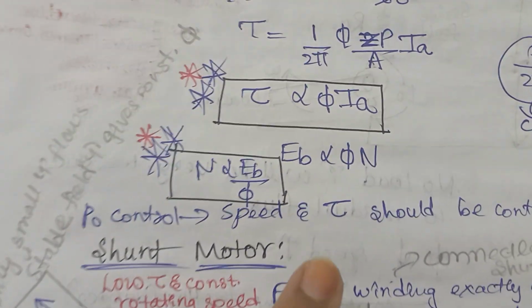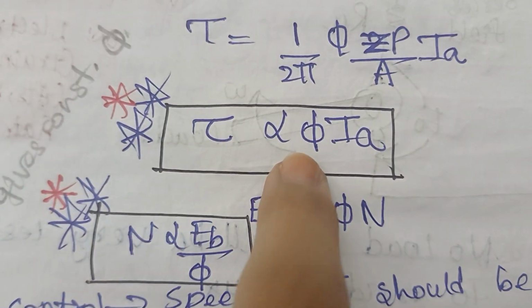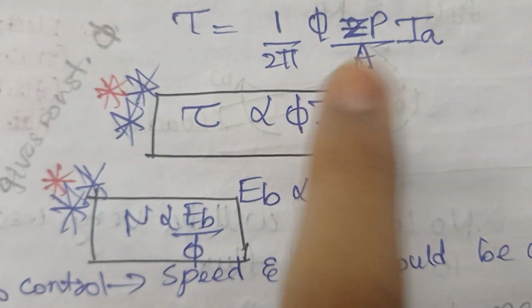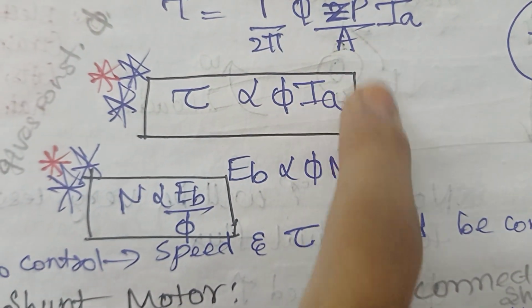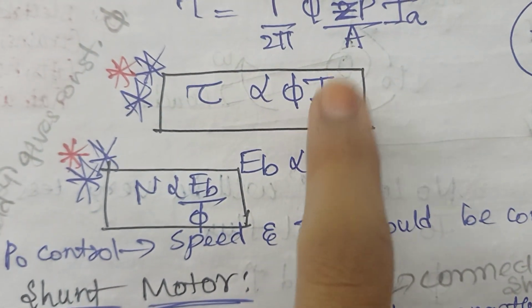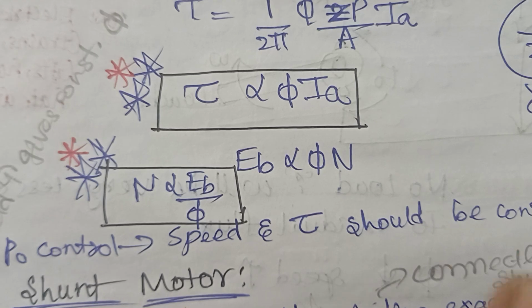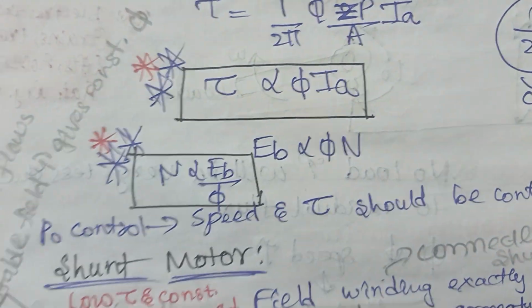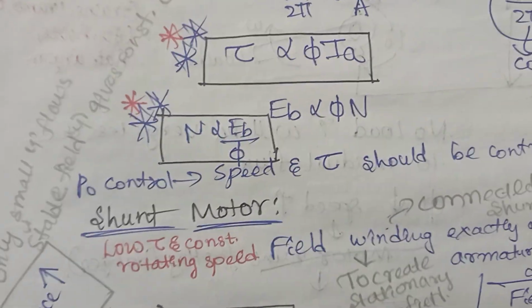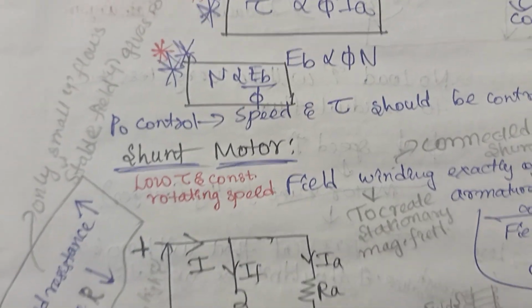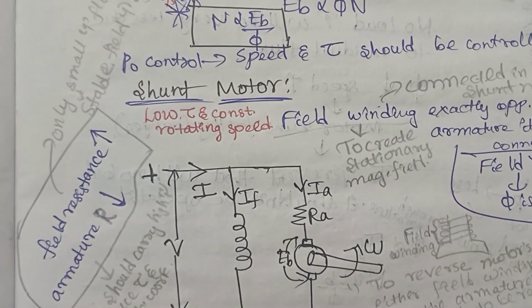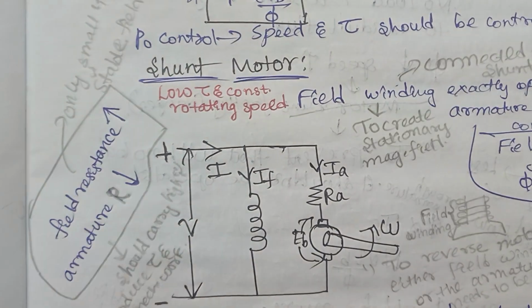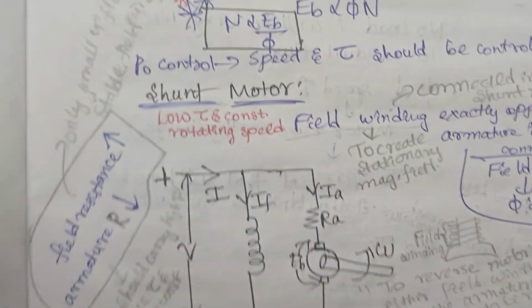We know this relation, torque is directly proportional to flux into Ia. So if your Ia, that is the current flowing through the armature, is greater, then only the torque will be greater and you will get a good output, like better work is done, right? So your armature resistance should be lower and your field resistance should be higher.